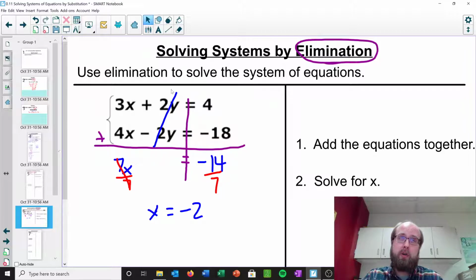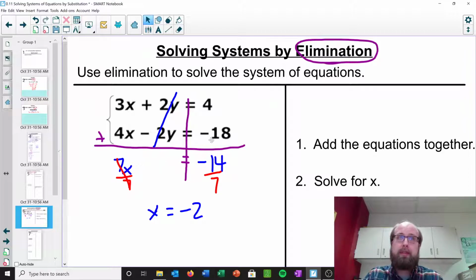Either the x's or the y's will cancel each other out. In this case, it was the y's. All right? And so that's how it works. And once they cancel each other out, this is super easy.